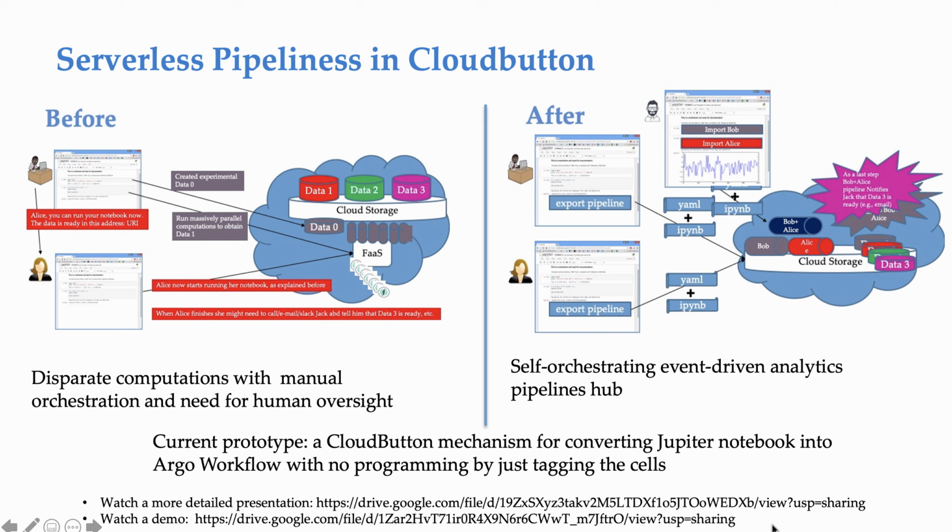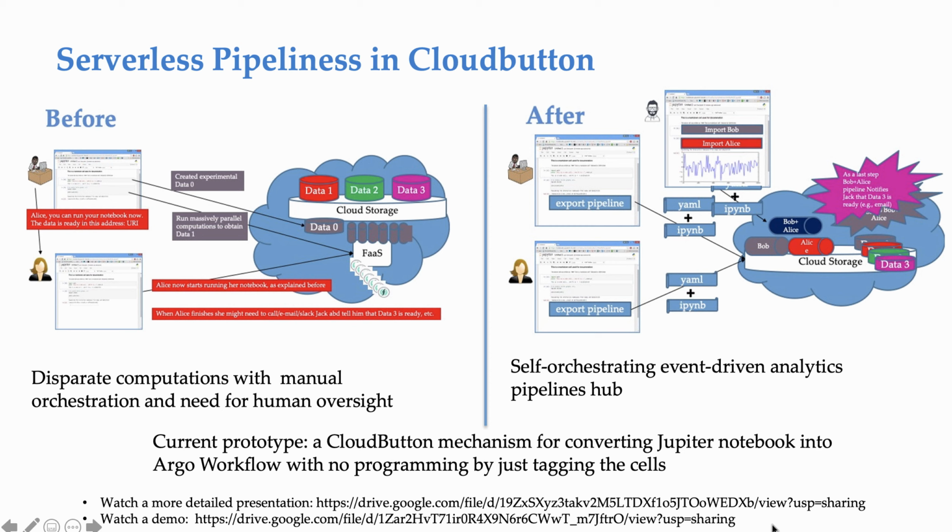So before Cloud Button, it was a disaster. A user needed to write their notebook, then they might need to call another user or send them an email, saying I finished, now you can process data, and then maybe they need to perform all kinds of tasks, and then those notebooks may be limited by network. So that's very complicated and very unfriendly. On the other hand, with Cloud Button, this is what we implemented.